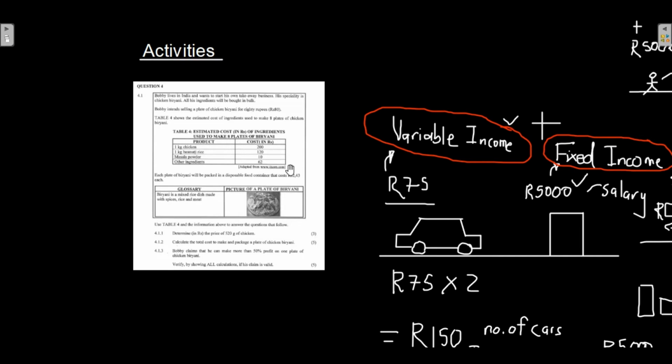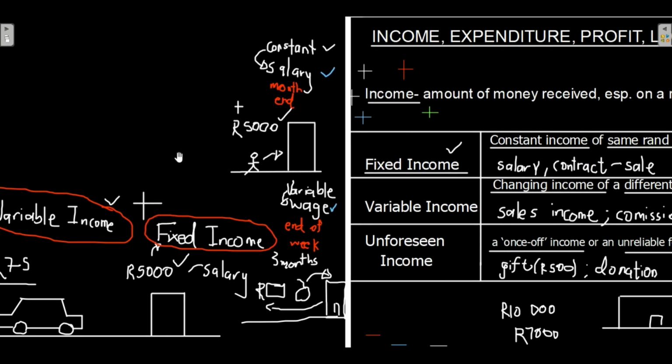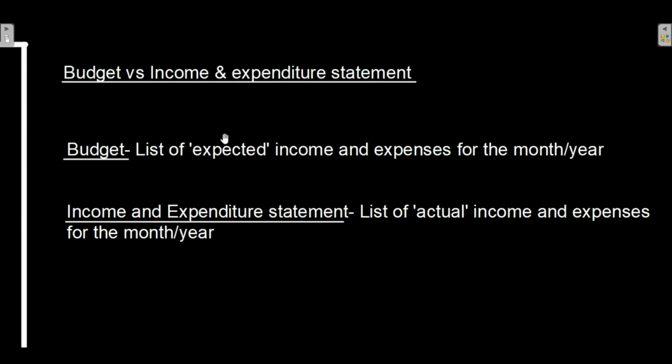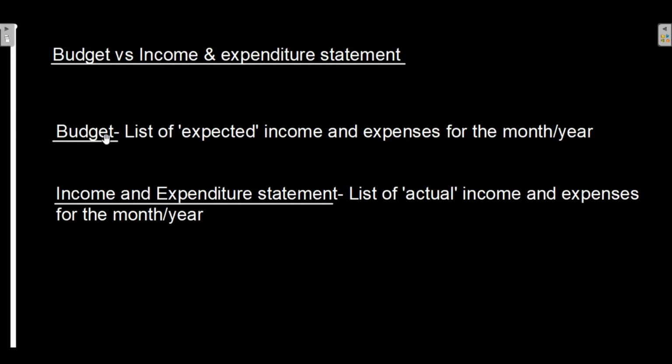Before we get into the calculations and activities, let's first discuss the difference between budget and income and expenditure statement. Okay, so these are two documents or two lists of income and expenses, but it's very important that you are able to differentiate between them. So when it comes to budget, it's really a list of expected income and expenses.